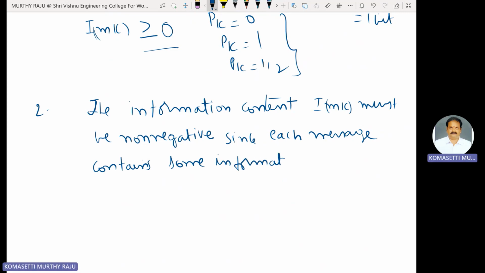Each message contains some information. Even if information is 0, that means I of MK is greater than or equal to 0. I of MK is greater than or equal to 0 means non-negative.